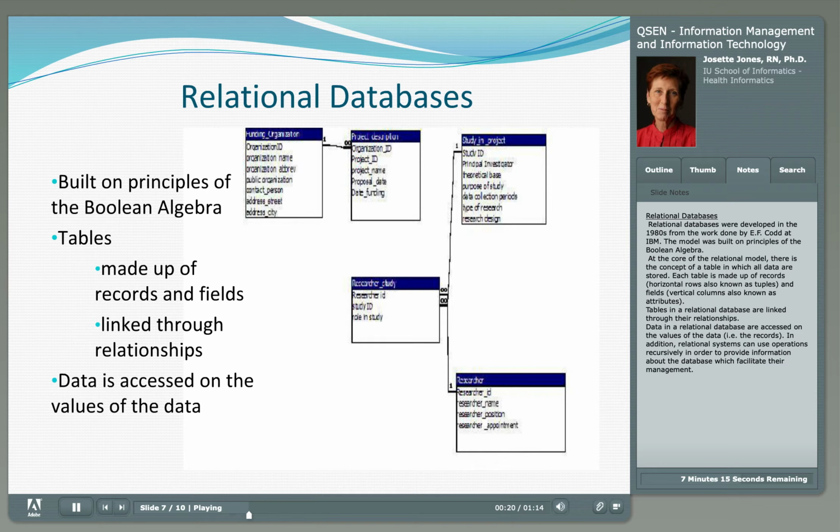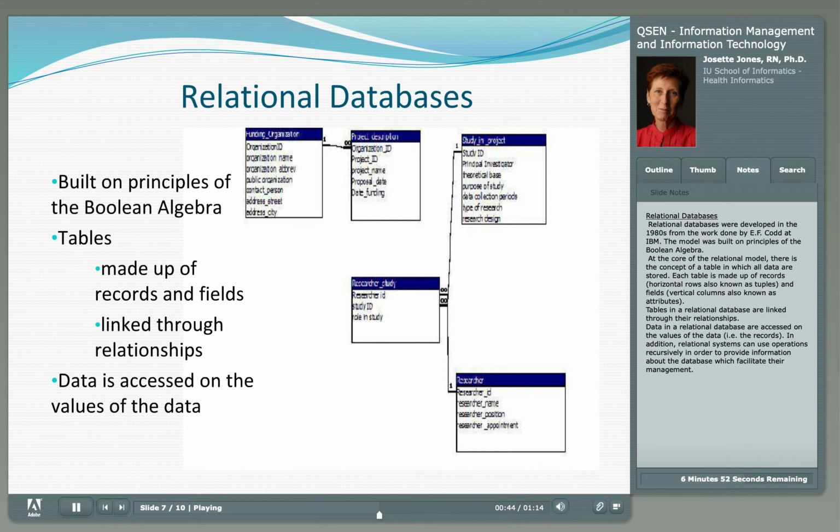At the core of a relational model is the concept of a table in which all data are stored. Each table is made up of records. This means the horizontal rows, also known as tuples, and fields, the vertical columns, also known as attributes.